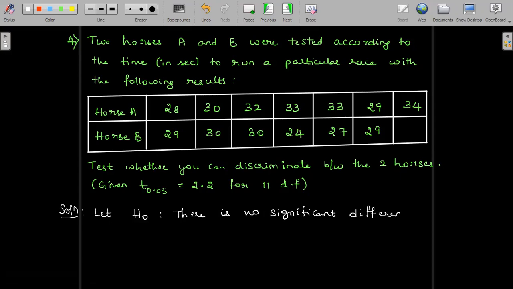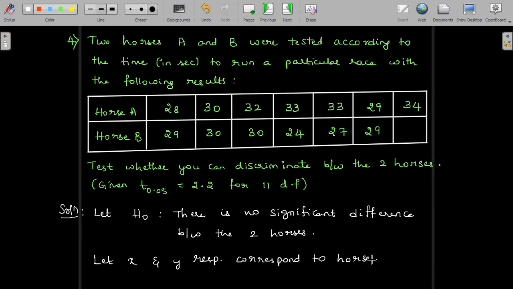Let us assume x and y respectively correspond to horse A and B. Horse A and horse B respectively correspond to x and y.